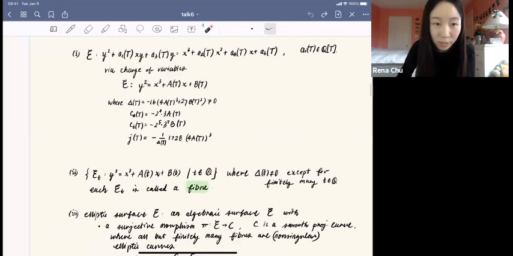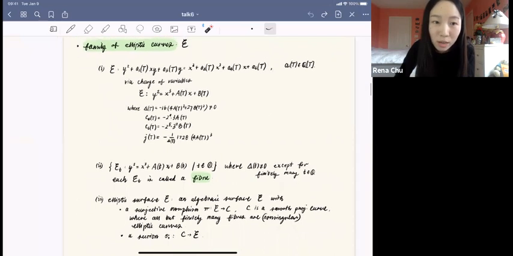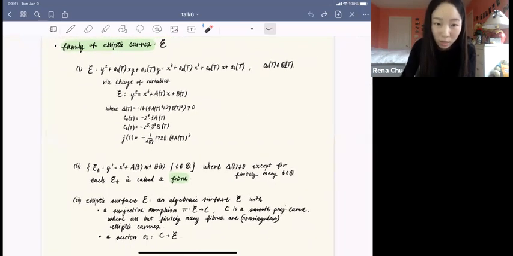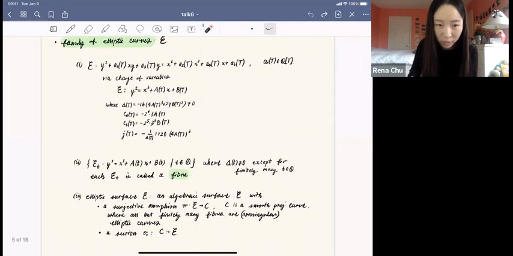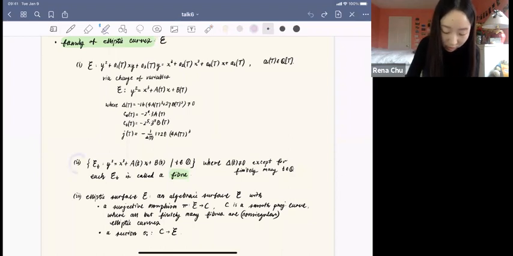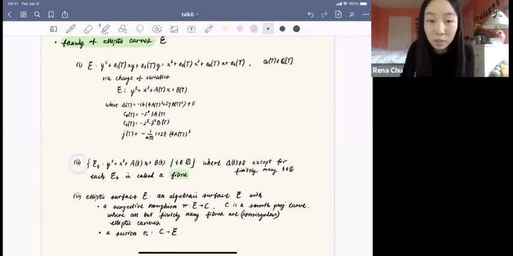Now, the last equivalent definition would be an elliptic surface. I won't go into detail in terms of this definition, but I just want to note that the term fiber here essentially comes from, is inspired by this definition of an elliptic surface. What we will focus on in this talk is essentially this definition over here.